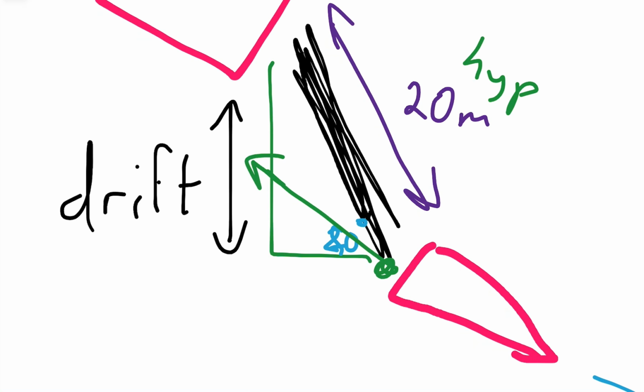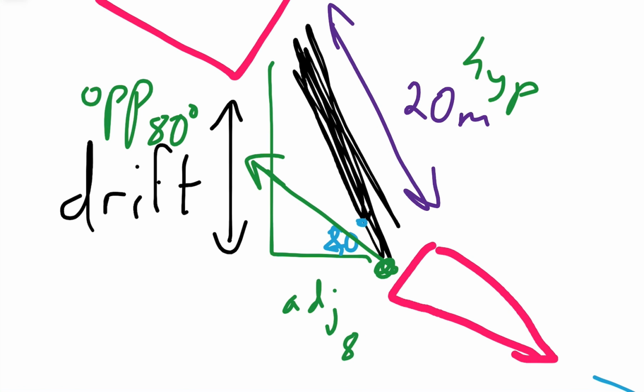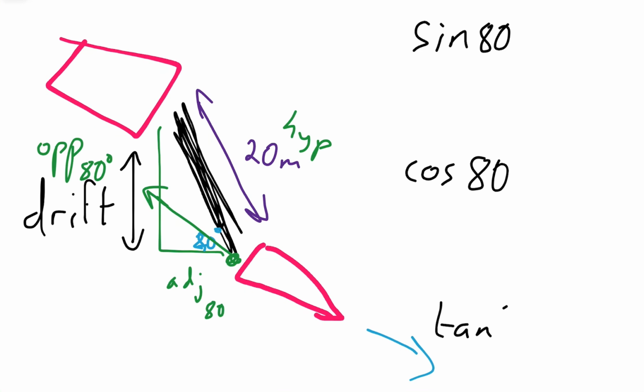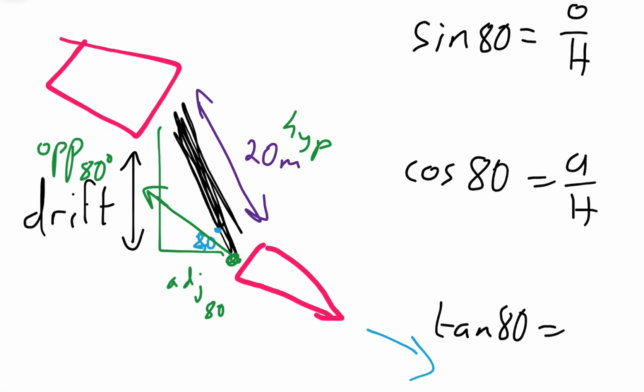The drift is opposite the 80 degree. And this side here is the adjacent to the 80 degree. With that in mind, we can do our sine of 80, cos of 80, and tan of 80. We're trying to do opposite over hypotenuse, adjacent over hypotenuse, and opposite over adjacent.